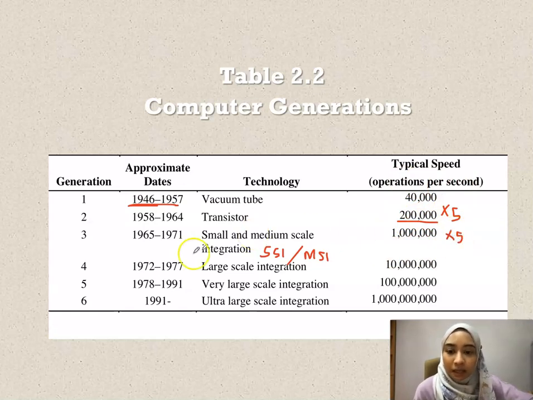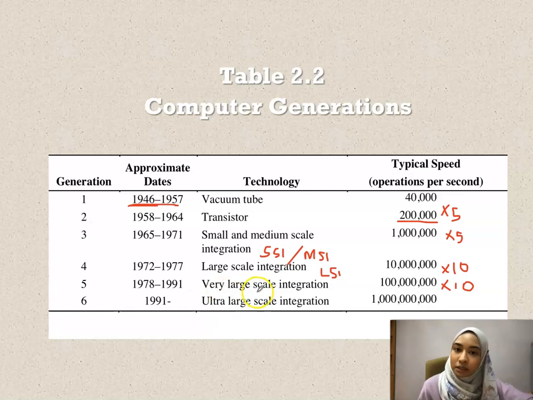Pretty cool, right? And then you have your large scale integration, called LSI. Now it is times by 10. Now it's rapidly evolving. And then times by another 10, very large scale integration. Now, do you recognize this? VLSI. I hope you recognize this because it's very famous.